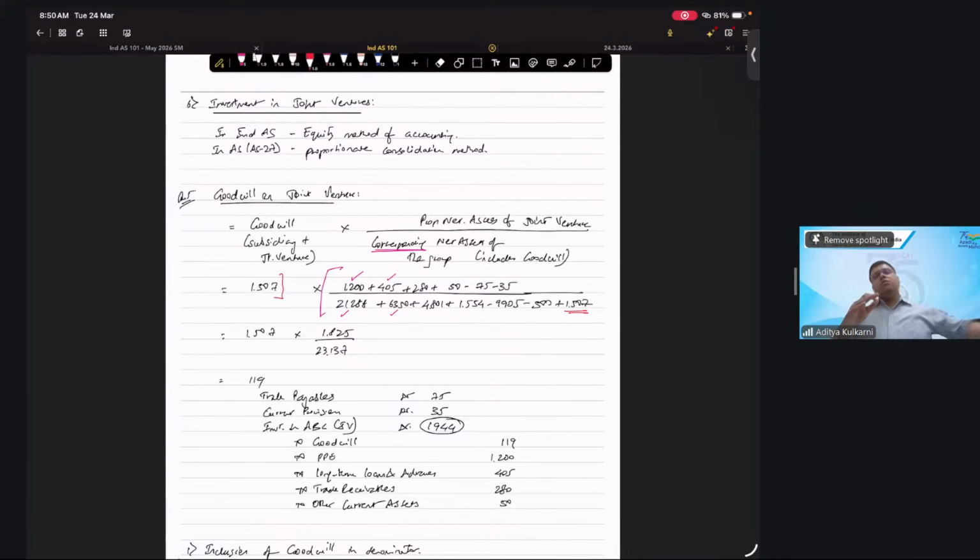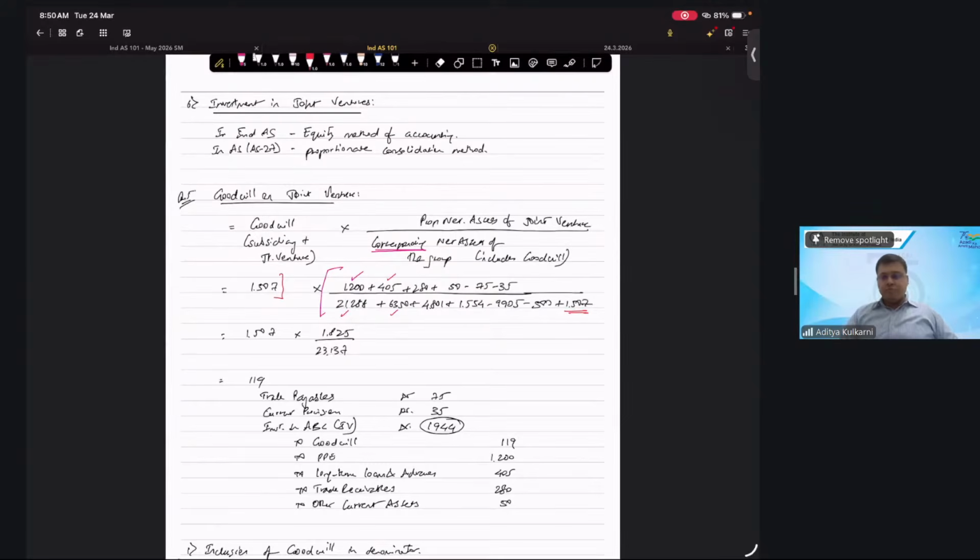Whatever is the share of the entity investing in the joint venture, you would take that much of assets, that much of liabilities, that much of income, that much of expense, and record it in the consolidated financial statements. That means you would do a line by line consolidation under AS 27, but it would not be full, complete. It would be based on the percentage of your interest in the joint venture.